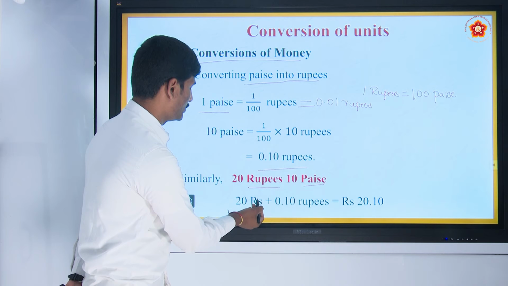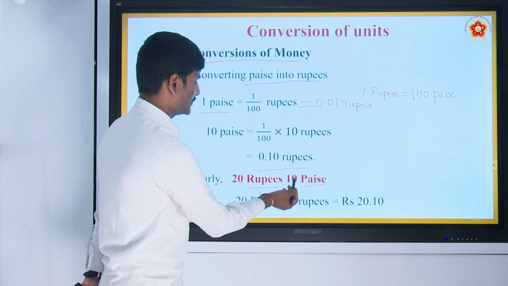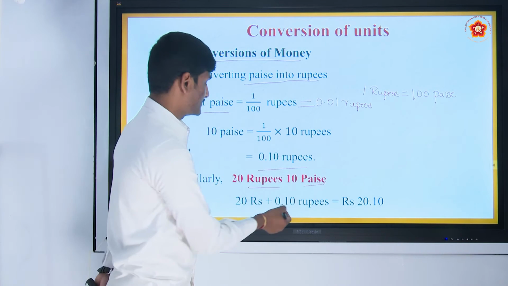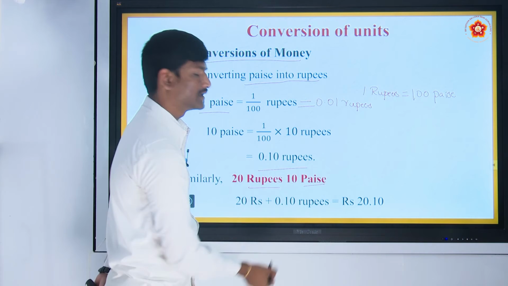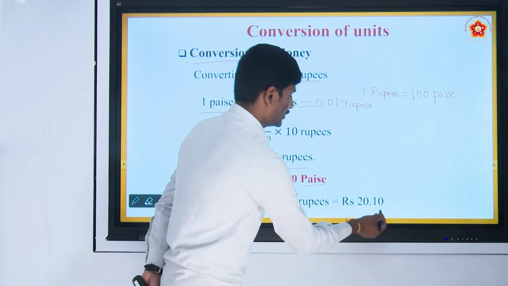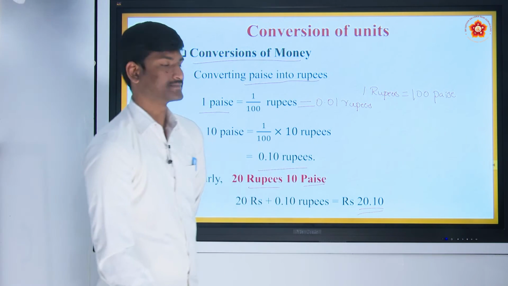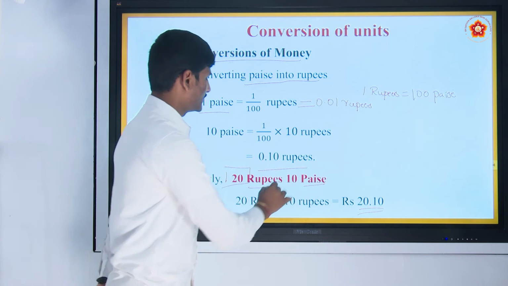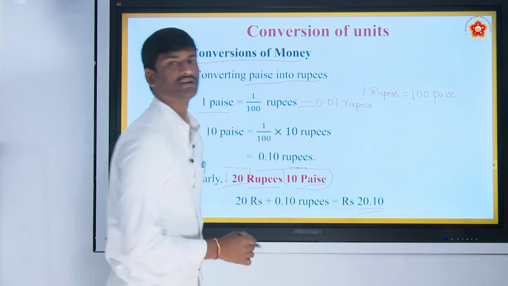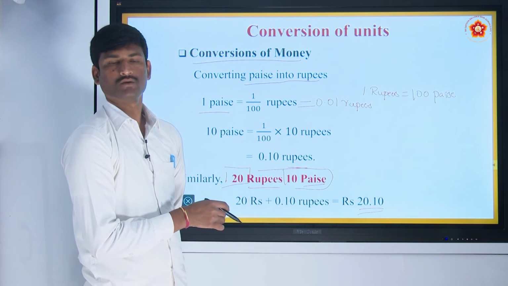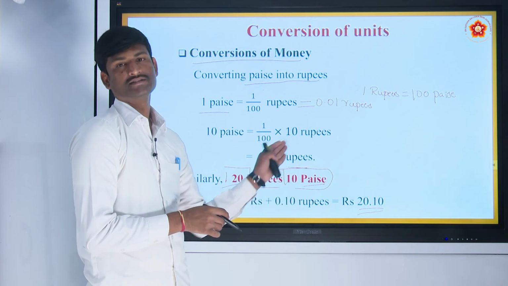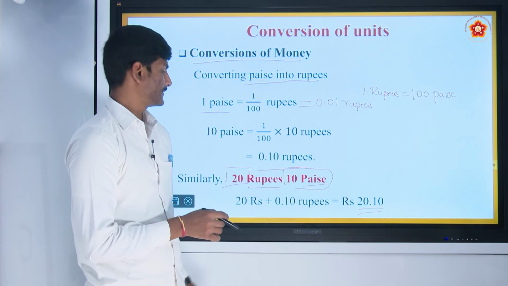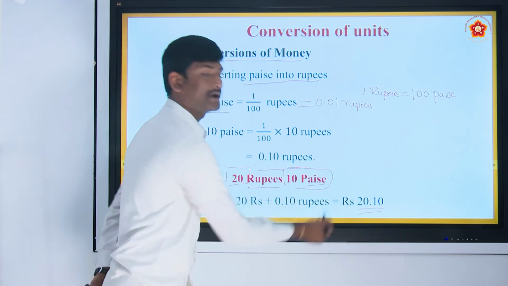We write 20 rupees plus 0.10 rupees. Then the answer we get is 20.10 rupees. 20 is the whole number part, and 10 paise is the fractional part. Then the answer we get is 20.10.